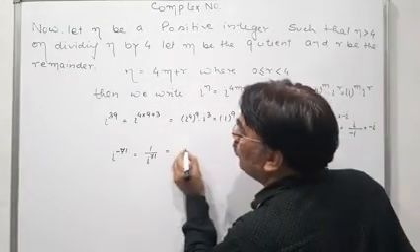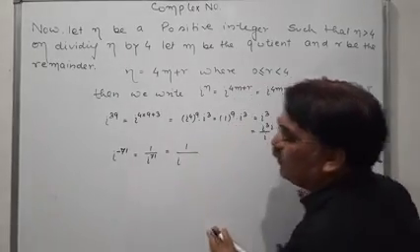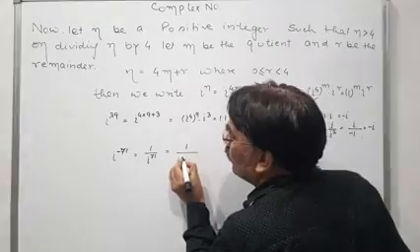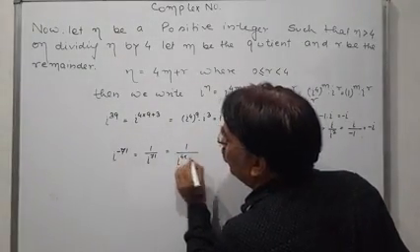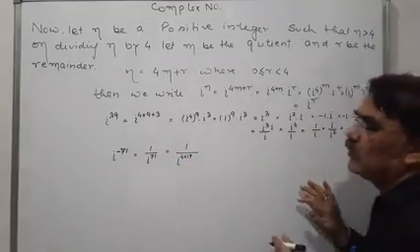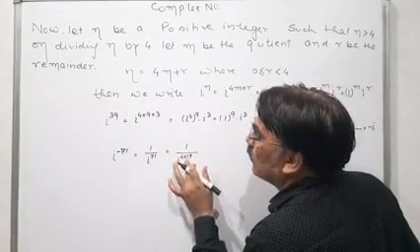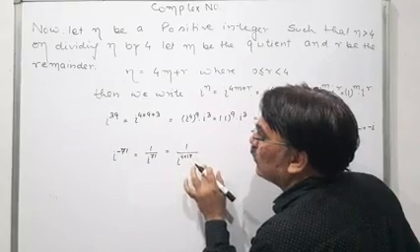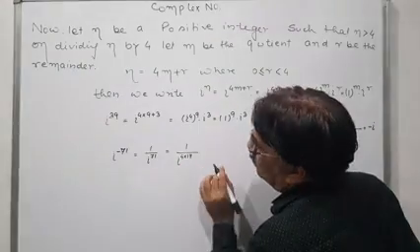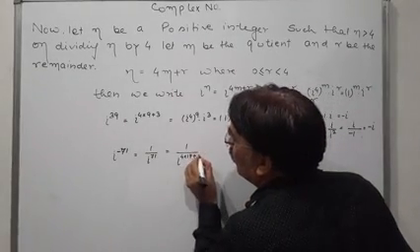Now we write 71 in the multiple of 4, so 4 into 17 plus 3.